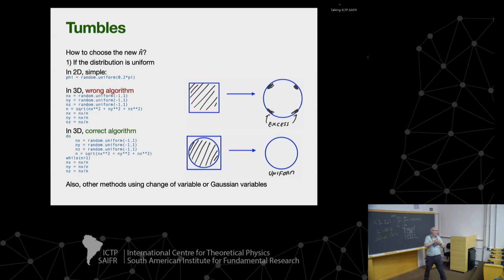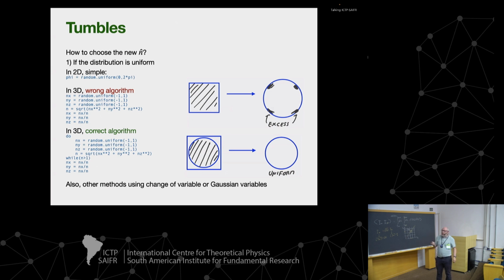In 3D, you get an excess of directors pointing in 8 corners, in the 8 principal axes. And this is going to give you some trouble eventually. So this is the wrong way to get a uniform director.